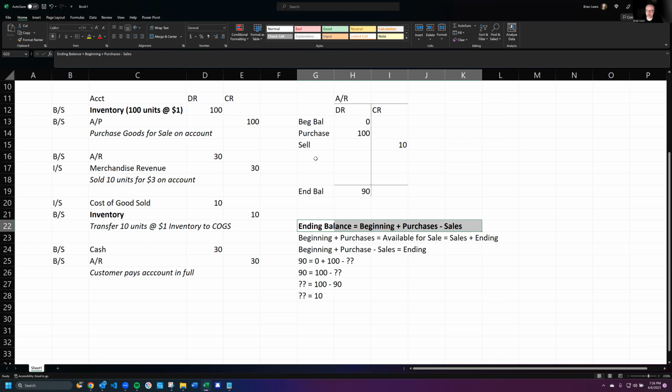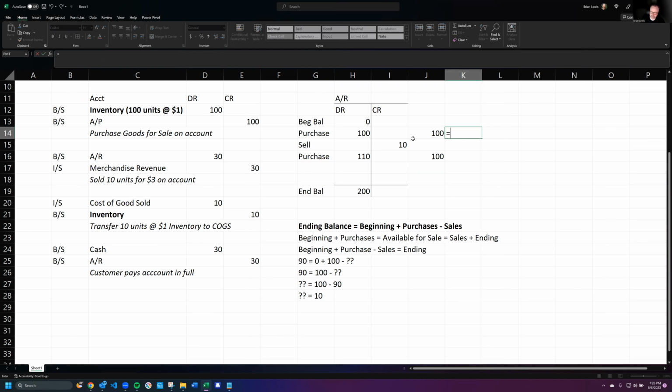So let's say I made another purchase, same quantity, but there was a price increase, a 10% price increase. Now I was paying $110. Well, this was for 100 units, right? And this was for 100 units. So my cost per unit on this one equals that divided by this. That was $1, and this is $1.10.